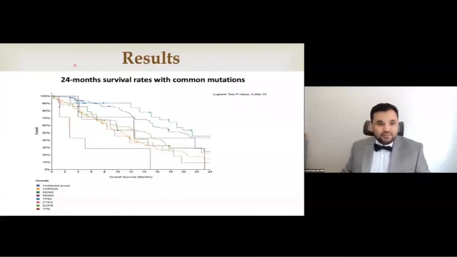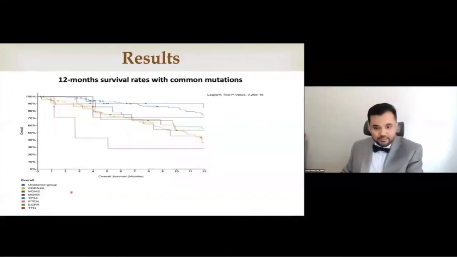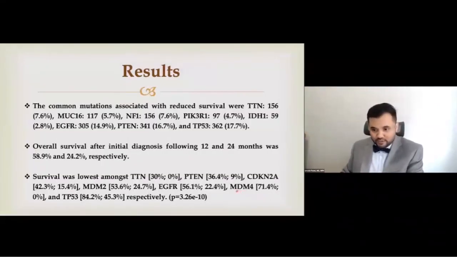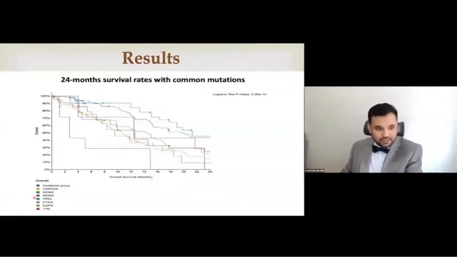Similarly, after 24 months on the Kaplan-Meier curve, in TTN almost at month 15 there is no survival. Almost every patient died at month 15, and we also have lower survival, almost zero, with MDM4. MDM4 after 24 months has zero survival.